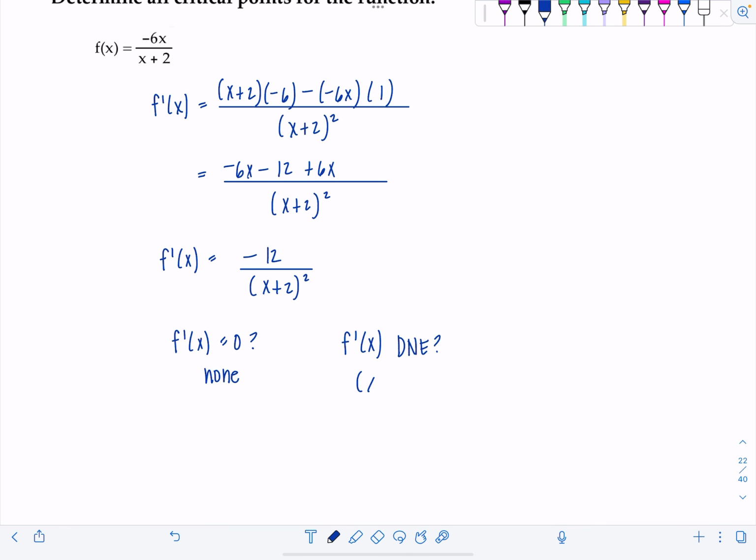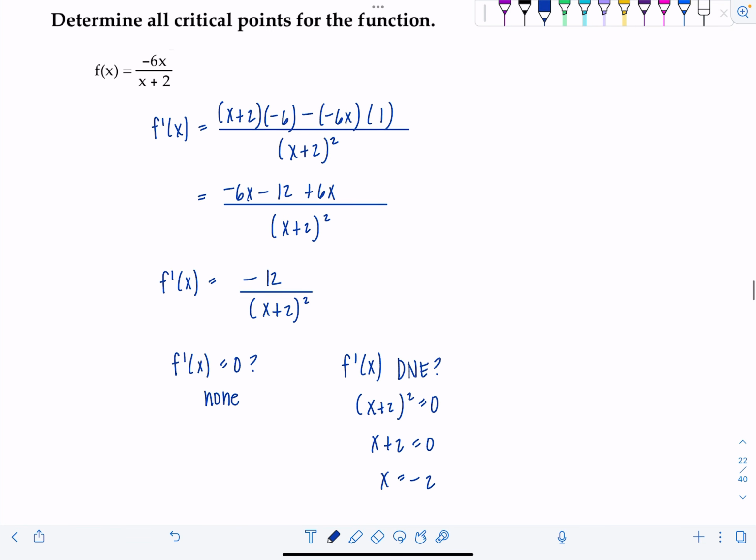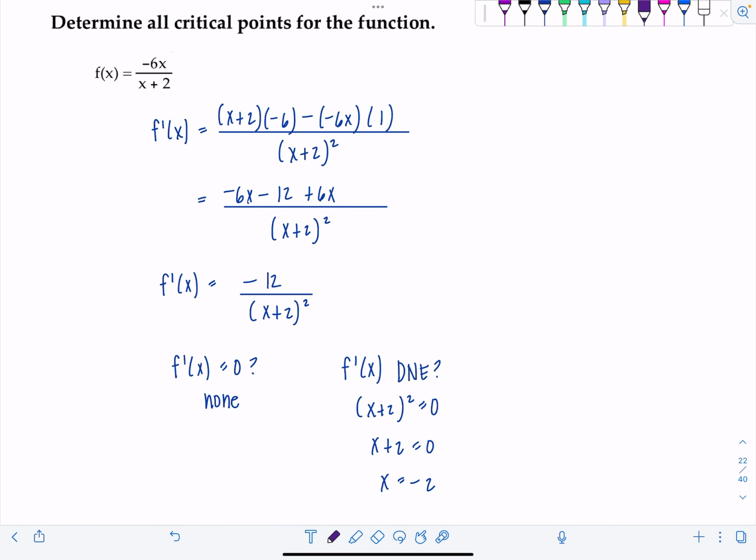Well, that would mean the denominator would equal 0, which would mean x plus 2 equals 0, which means x would have to equal negative 2. But that's not going to be a critical point either, because notice the domain for my function is all x's except for negative 2. Why do I say that? Because negative 2 would make the original function undefined.